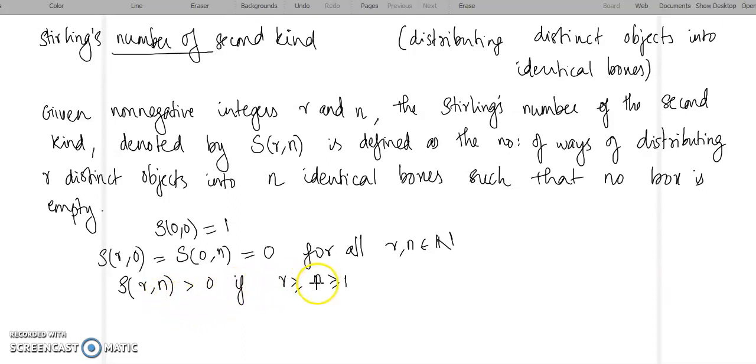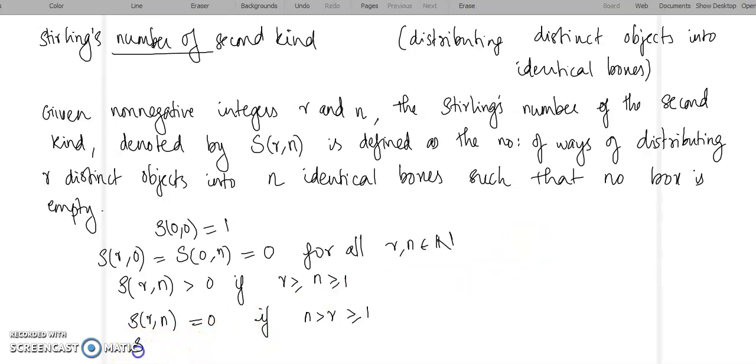And S of r, n will be equal to 0 if n is greater than r, which is greater than or equal to 1. If the number of boxes is greater than the number of objects, there will obviously be an empty box, which is not possible because none of the boxes must be empty.